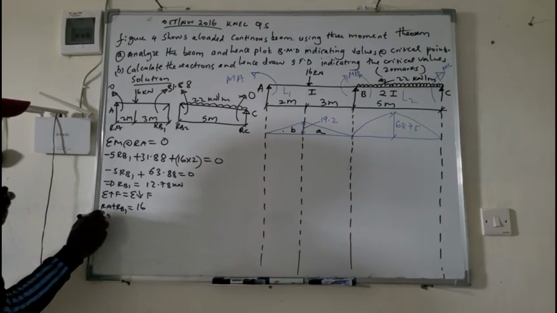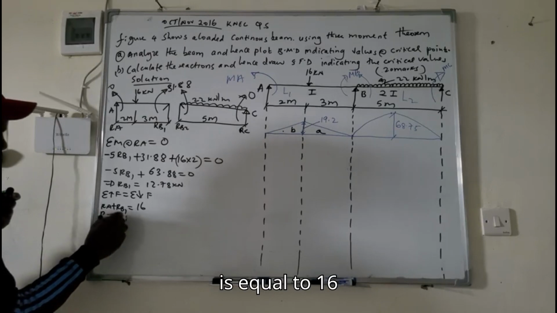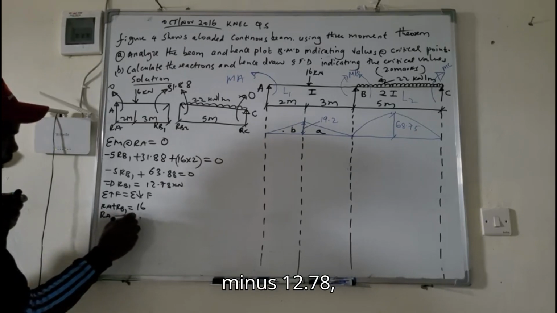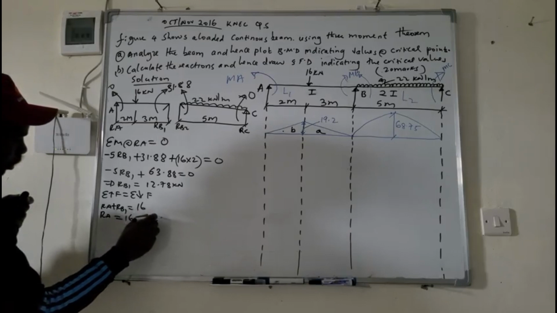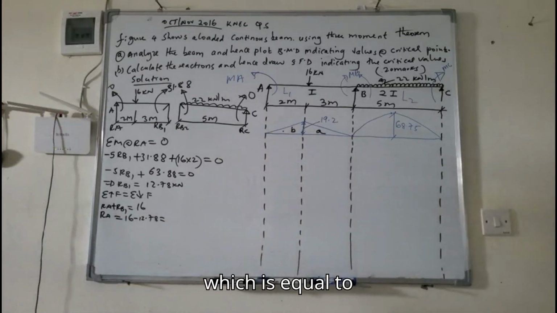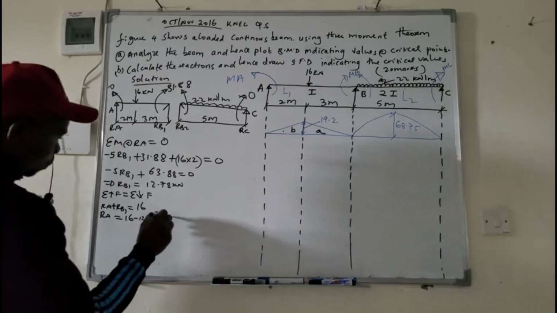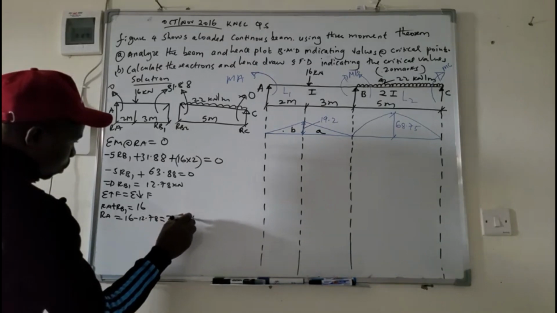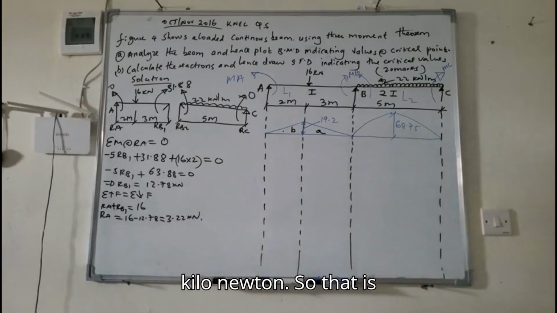So RA is equal to 16 minus 12.78, which is equal to 3.22 kilonewton. So that is RA.